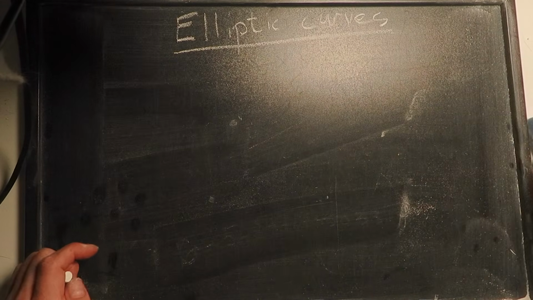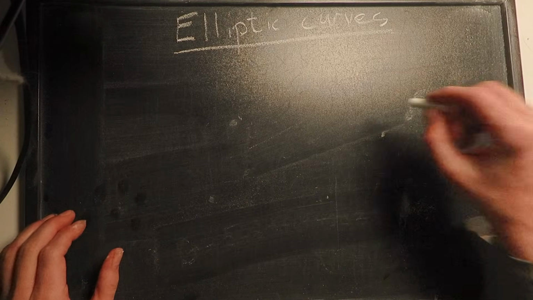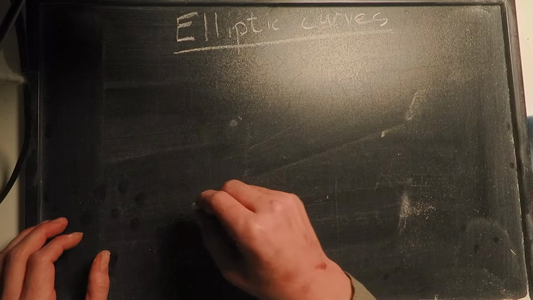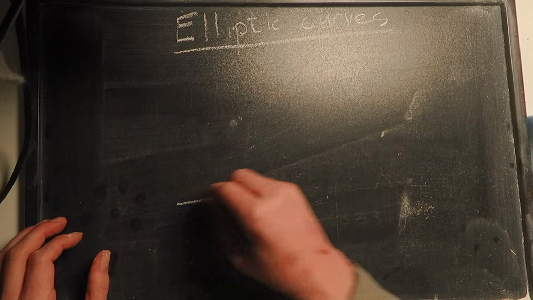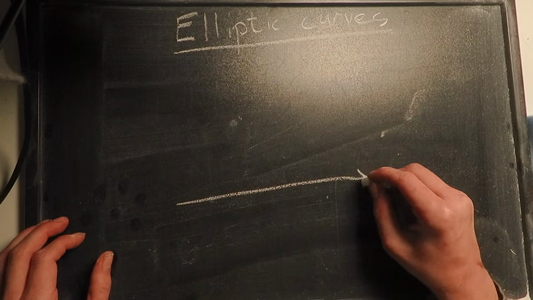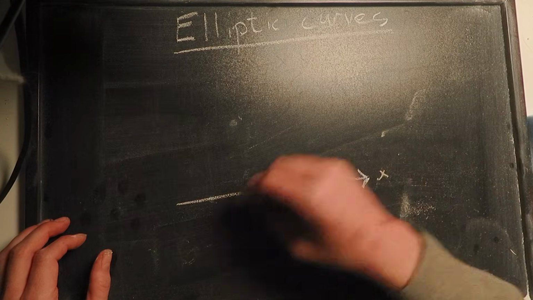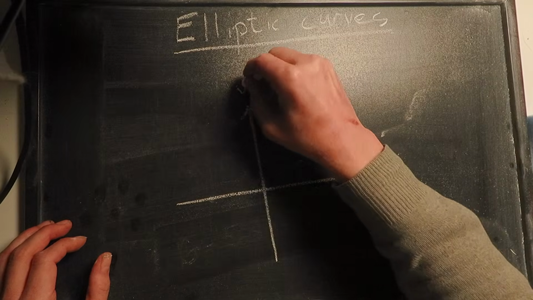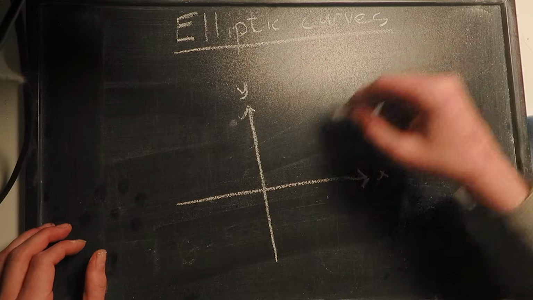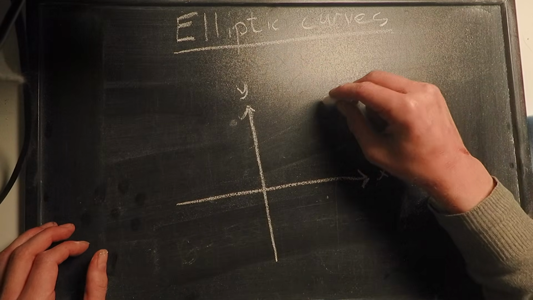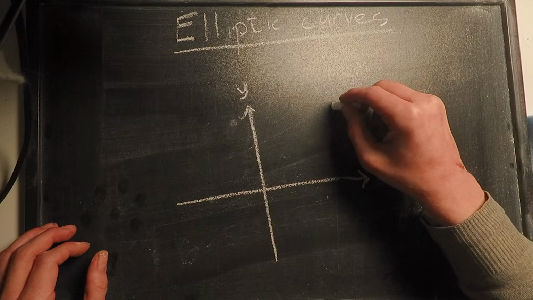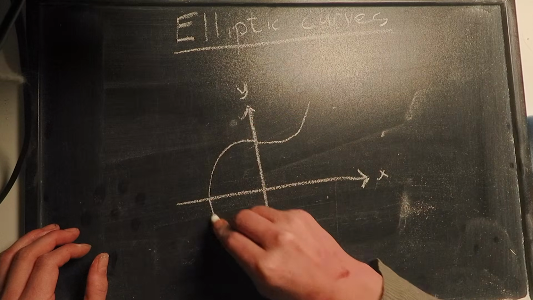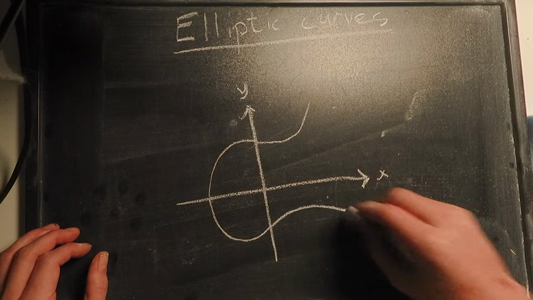So an elliptic curve is a formula, and if you plot that formula on a graph using the real numbers, it's going to look something like this. So if we have the x-axis like this, and we have the y-axis like this, and you plot this formula, it's going to look something like this.